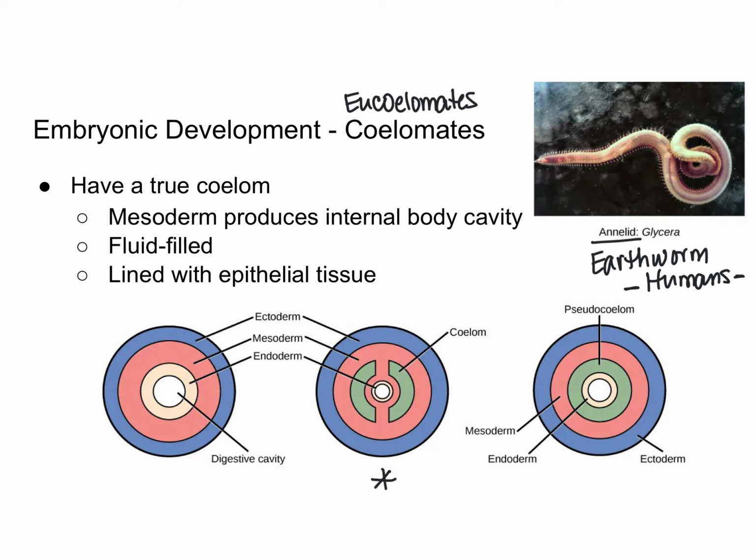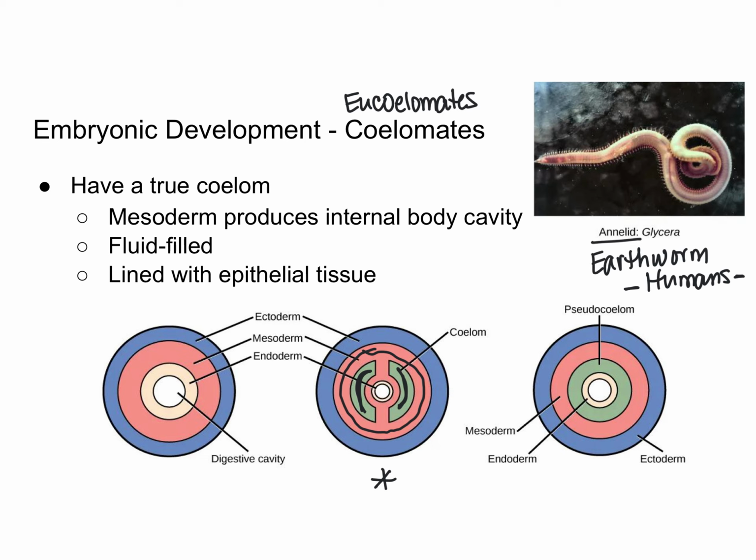Essentially, encased in this mesoderm layer, this red layer here, there are these spaces. In humans, these spaces would be things like the ventral cavity, which is where we would find our heart and lungs, and then you have an abdominal cavity, which is where you find most of your digestive organs.